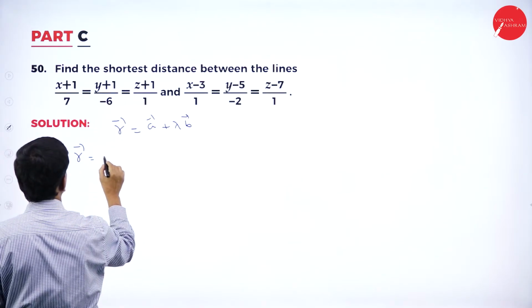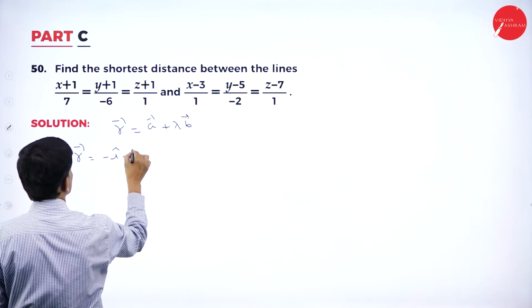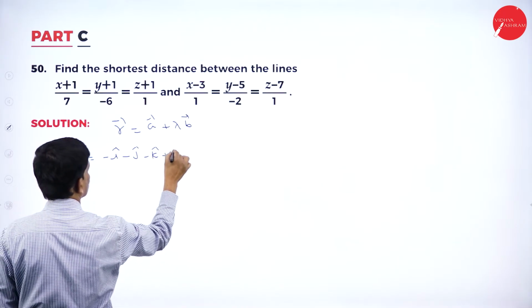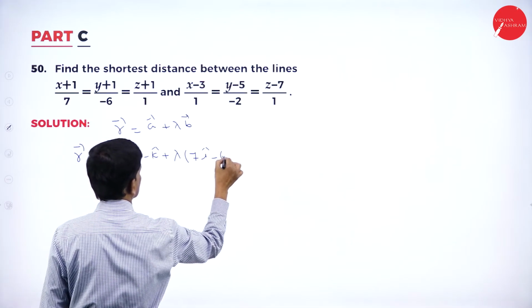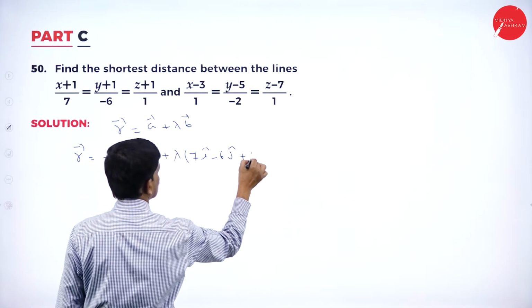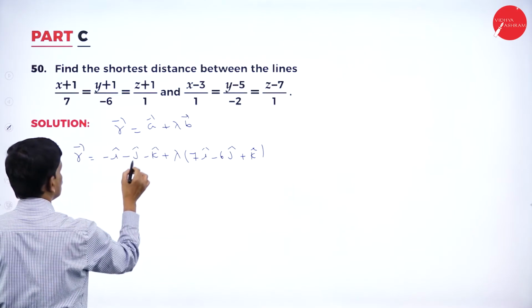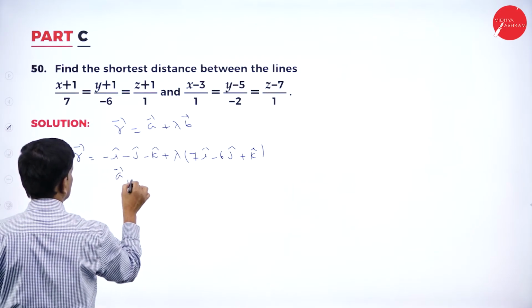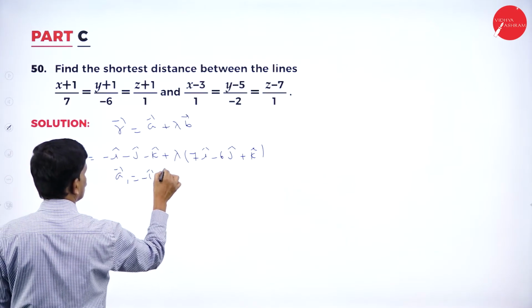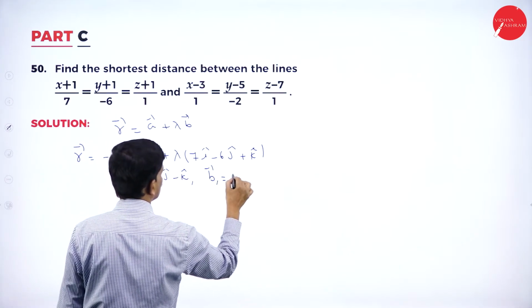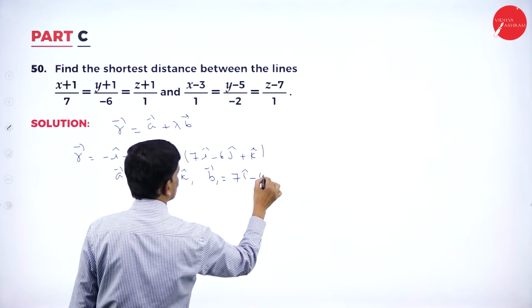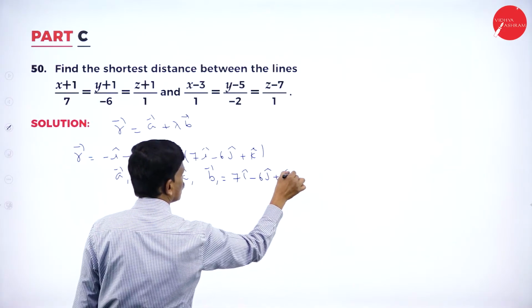So this can be written as minus i minus j minus k plus lambda into vector 7i minus 6j plus k. So here this is of the form: vector a1 is equal to minus i minus j minus k, and we can consider this as vector b1 is equal to 7i minus 6j plus vector k.